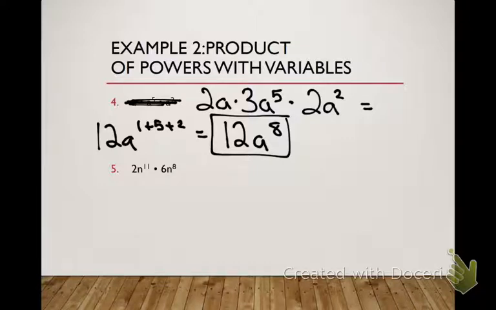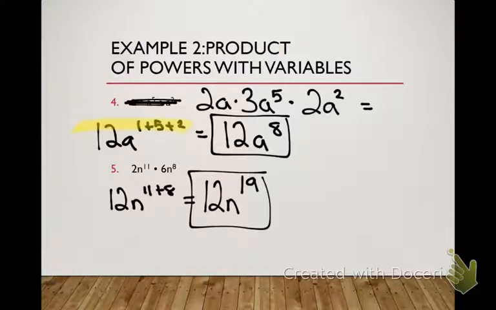I saw some people did not write their step of adding, okay? Don't roll your eyes at me. I need it. So, at least for this lesson, I need you to show me that you're adding. Now on number 5, 2 times 6 is 12. n to the 11 plus 8, 12n to the 19th power. All right, so that's product.